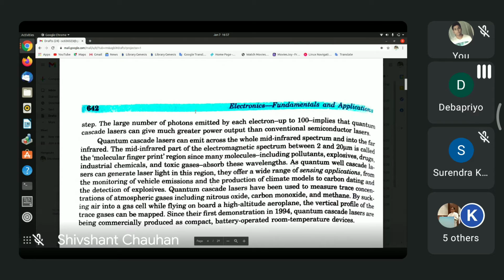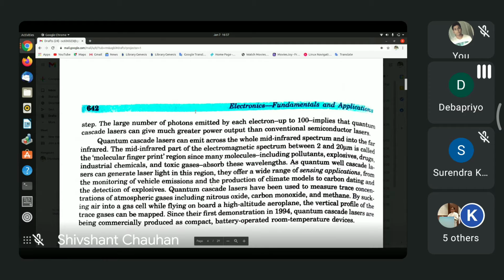So a continuous chain of electrons keeps moving from layer to layer, and in each quantum well, an electron loses energy and produces a photon. So if there are 100 such layers, 100 such photons would be produced, and therefore the total amount of radiation produced would be much higher.